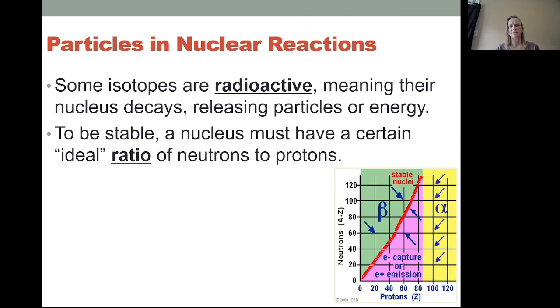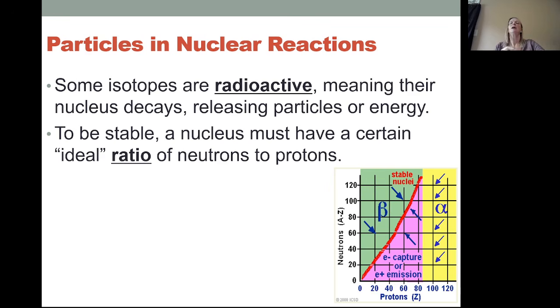So the reason this happens is because to be stable, a nucleus needs an ideal ratio of neutrons to protons. Remember, protons are positively charged, and we've shoved them all very close together in a nucleus. So you need some neutrons in there to hold everything together because you couldn't put two protons right next to each other.